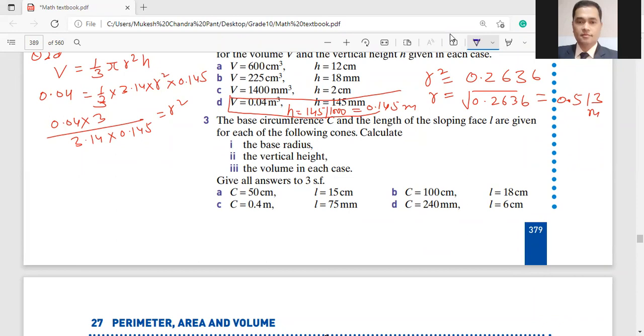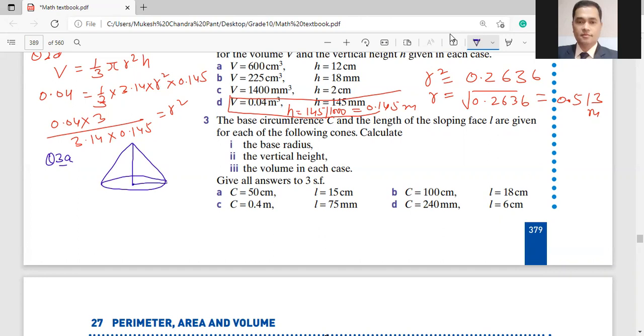So let's do question number 3. I'm taking question number 3A. Look, first of all, draw this one, then you will be able to understand. This is the base. Base is circular. This is the height. This is the center of the base.